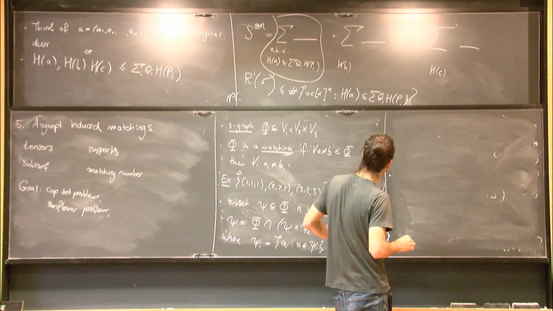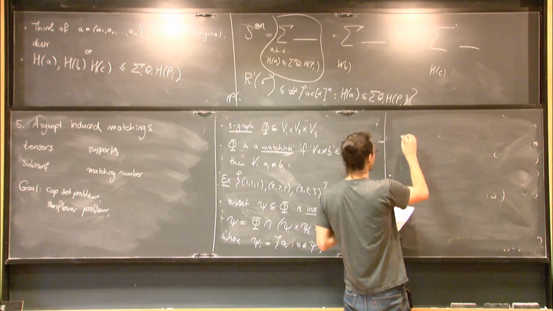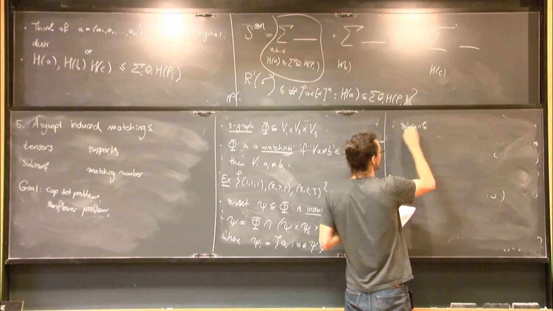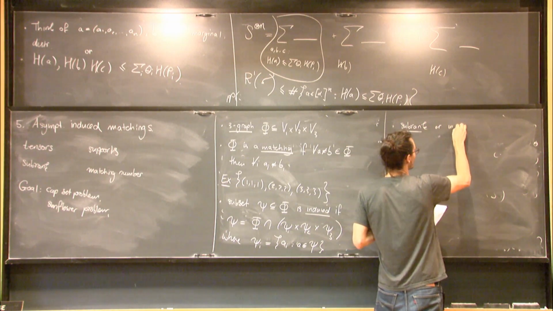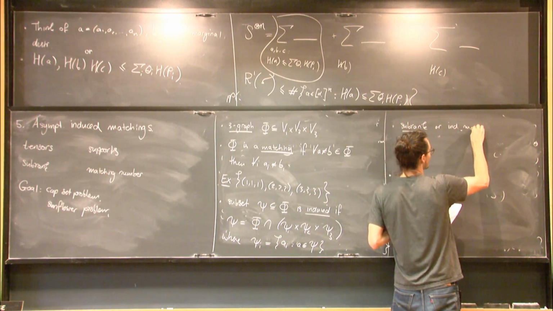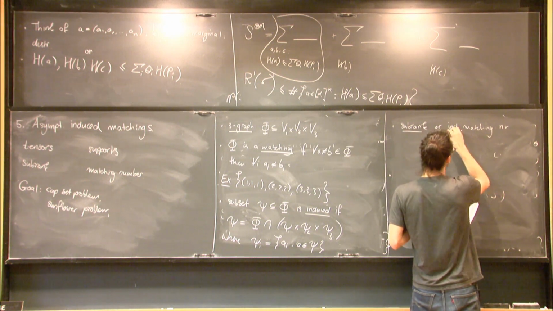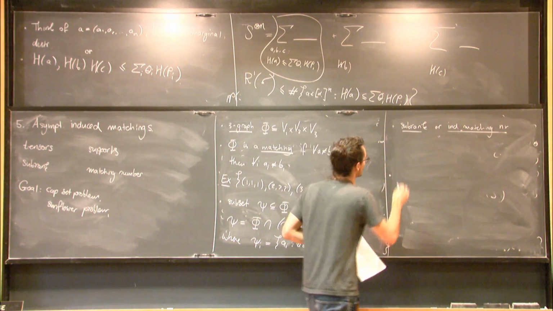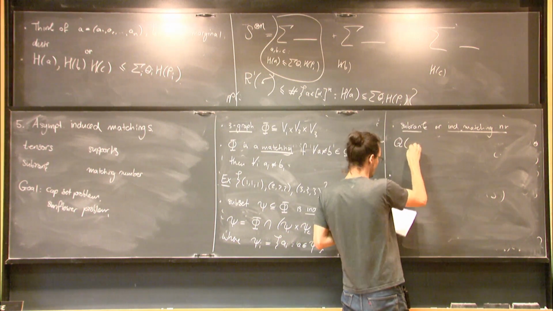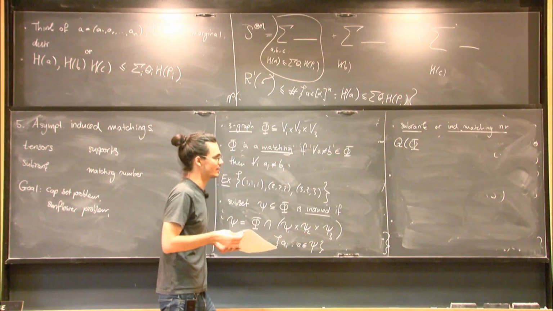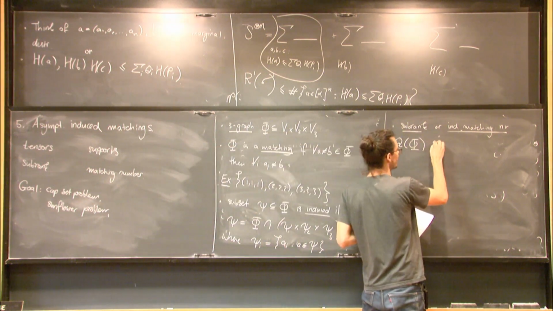And then the induced matching number, and I sometimes like to call it the subrank. So the subrank or induced matching number Q of phi is the size of the largest induced matching in phi.